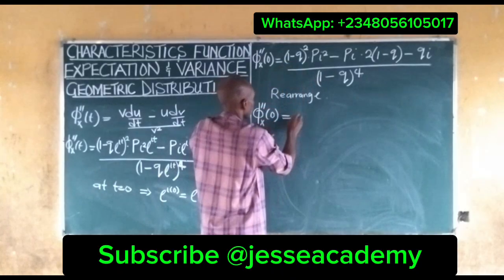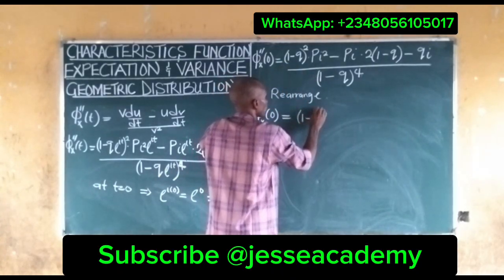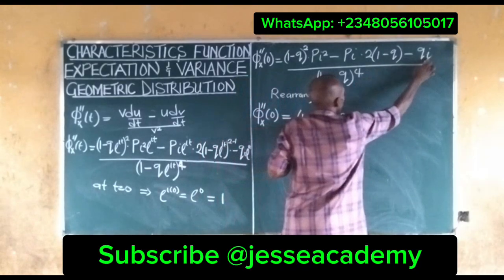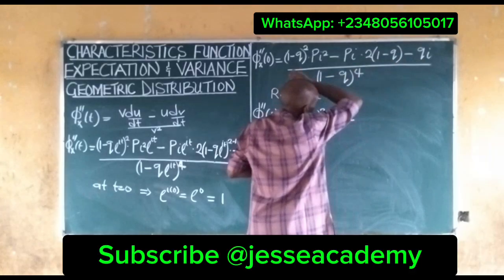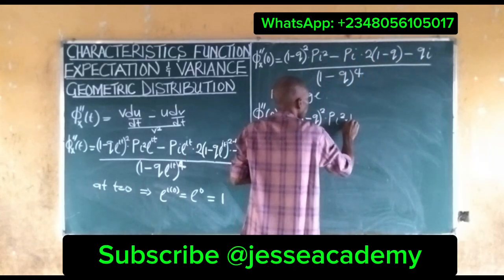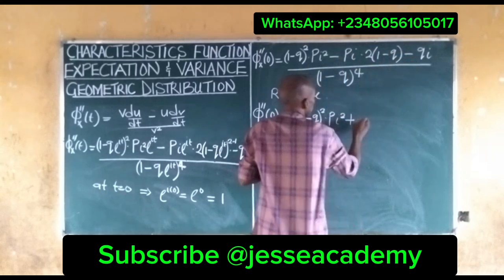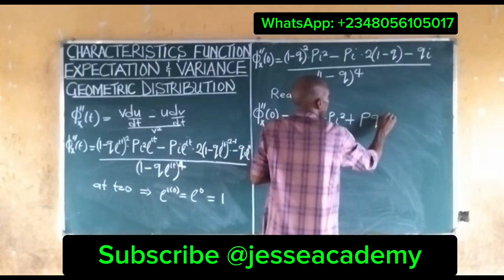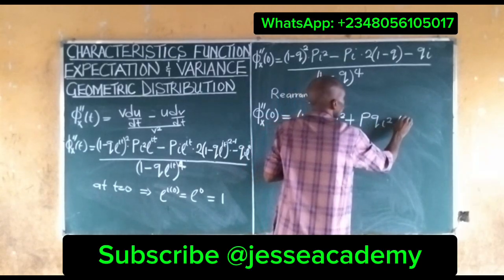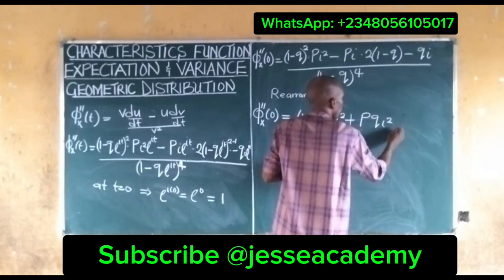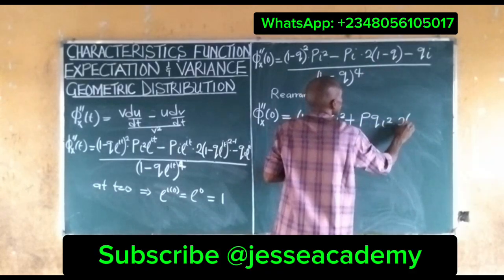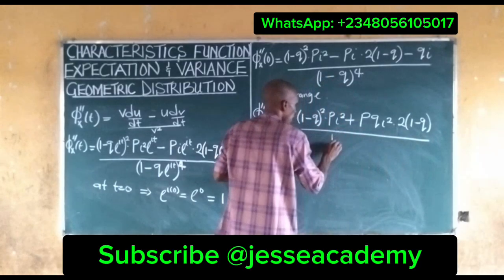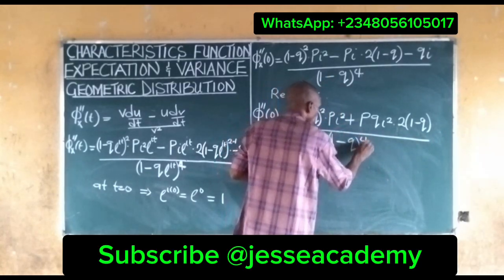Of course, we note that 1 minus q all squared into p I squared, minus I multiplied by I will give us plus, p q I squared, multiplied by this, 2 into 1 minus q, all over 1 minus q raised to the power of 4.